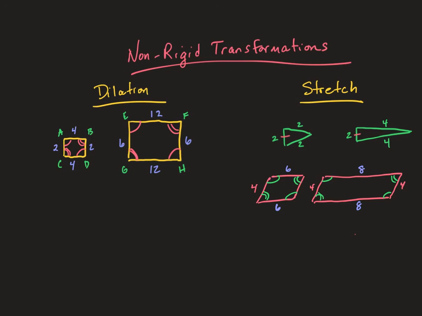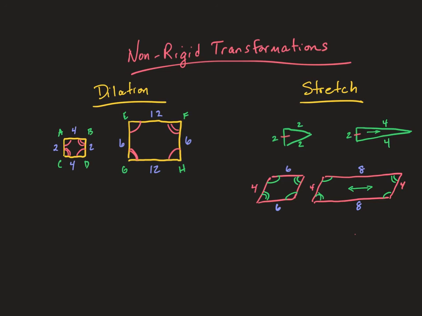So we have basically pulled it and stretched it out. The object has been stretched this way. This object was stretched that way. Where, if you remember in the dilation over here, it is stretched equally in all directions. It is just an enlargement.